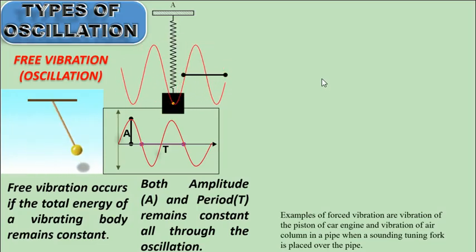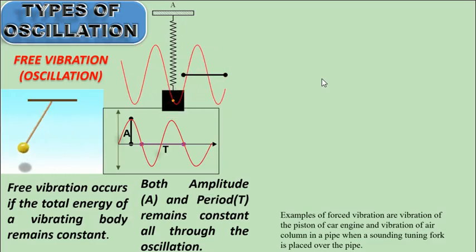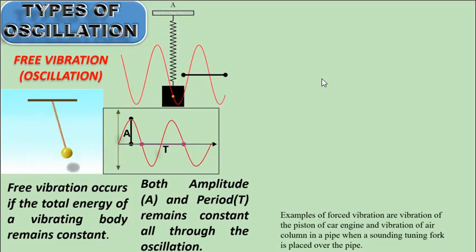It's very difficult to get in nature, but the oscillation of a simple pendulum can be approximated to a free vibration because it vibrates for a very long time. The oscillation of a spiral spring, when the force constant is very weak, can also be approximated to that, in theory at least. So we're now going to move to the next one.